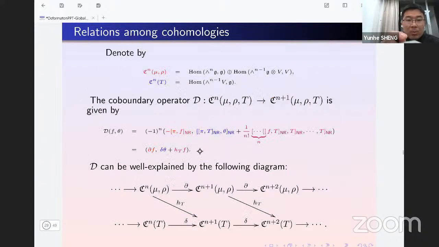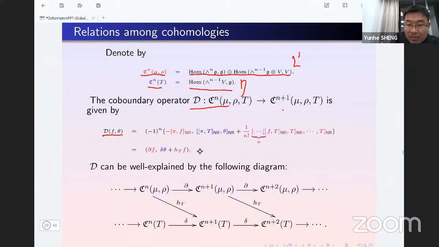Here we analyze the relations among the cohomologies. We denote by Cn mu rho this space. Recall that actually this corresponds to the L prime, and we denote by Cn T this space. Actually, it corresponds to this curly H, and then the coboundary operator D can be written in the following form. So D of (f, theta) is equal to this formula.